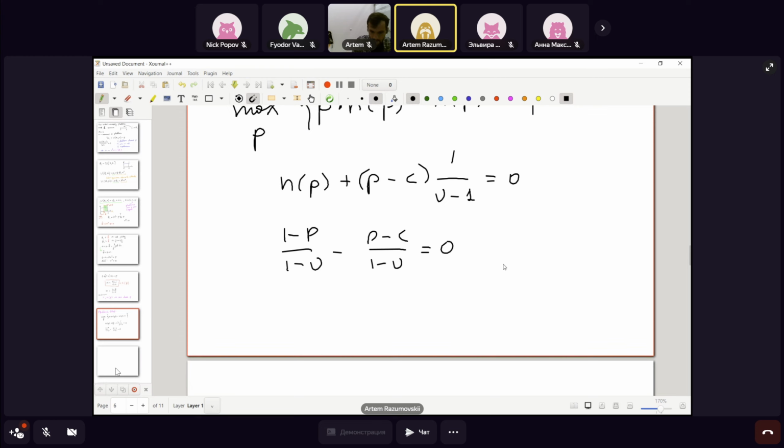So then we have 1 minus 2P plus C equals 0, or that price equals 1 plus C over 2. Right, and this is the price of the monopolist.